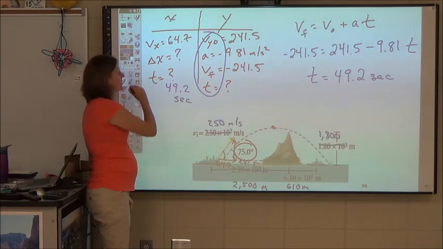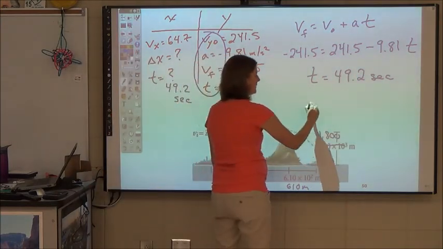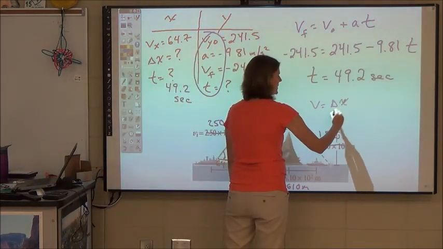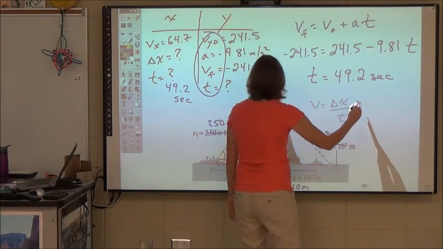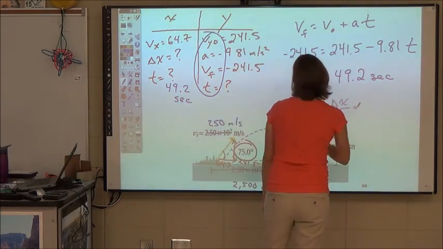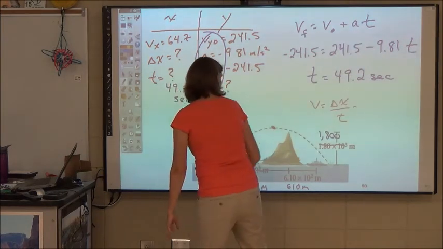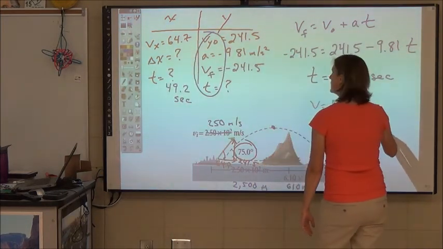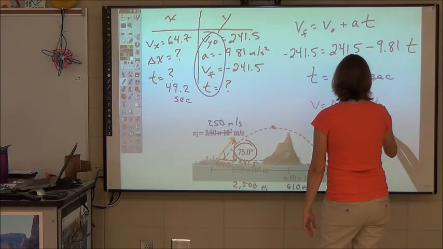And in the x direction, I always use velocity as displacement over time.